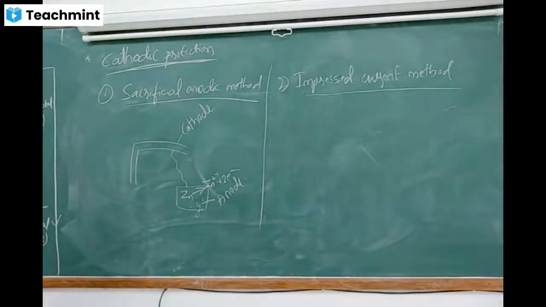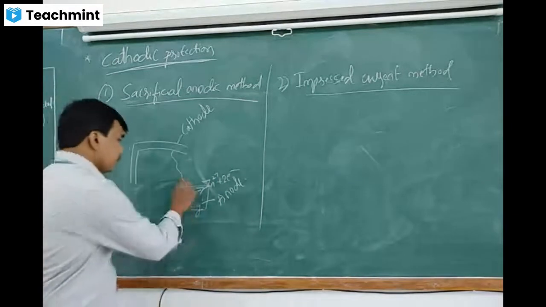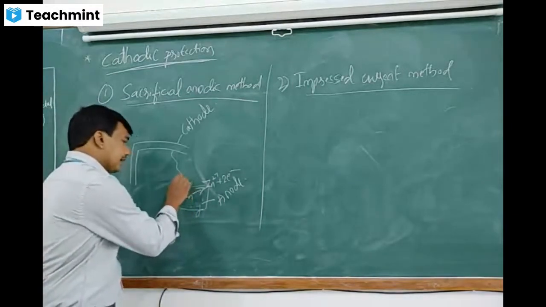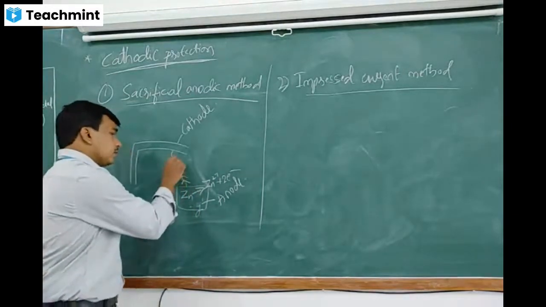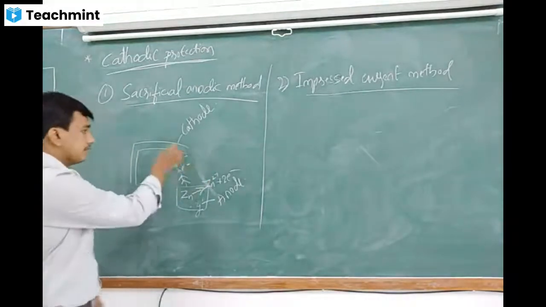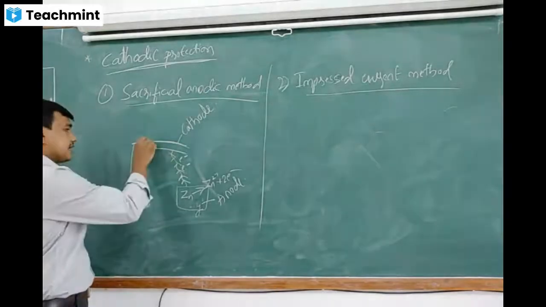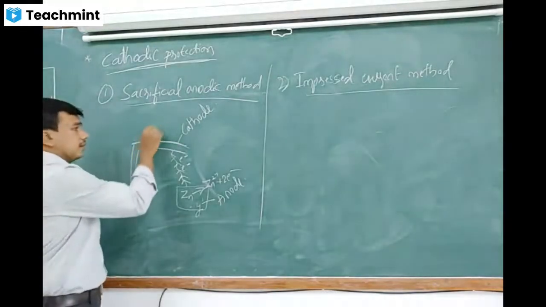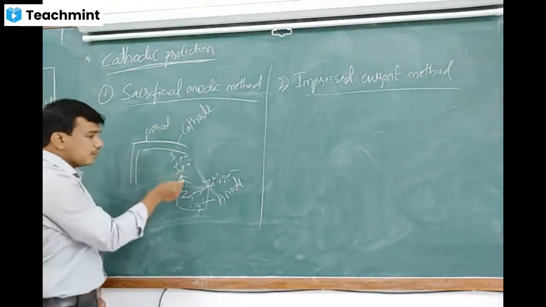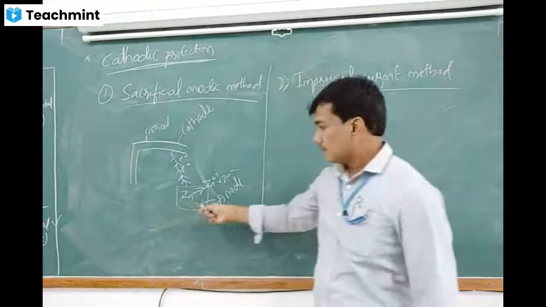These 2 electrons move through the conductor to the iron pipe. So the iron acts as cathode because of the continuous supply of electrons.